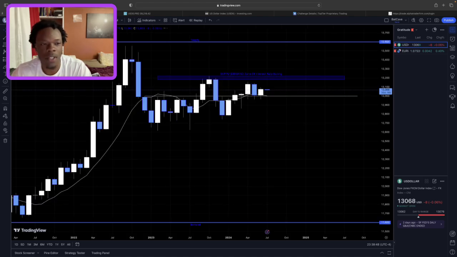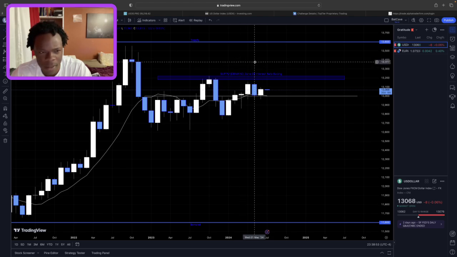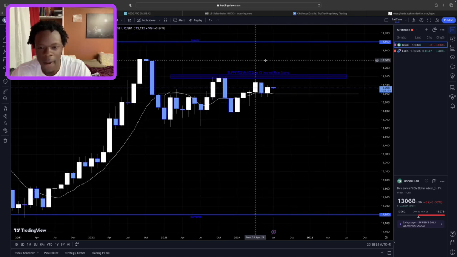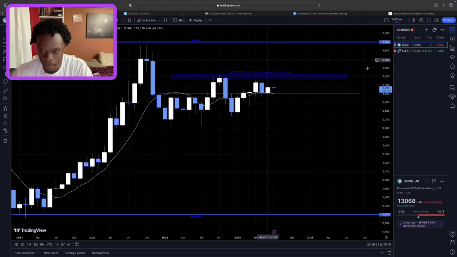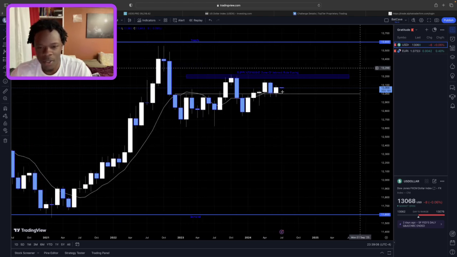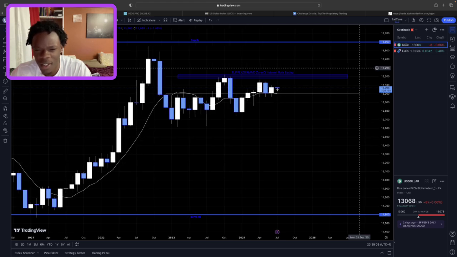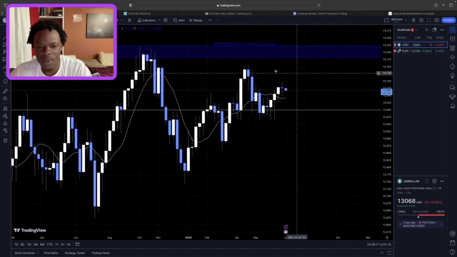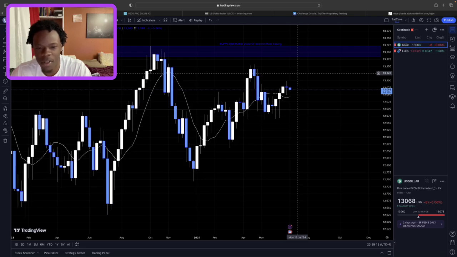Now if we go down to the monthly time frame, I believe in May price action created a bearish engulfing candle with the US dollar. Price action still has a relatively bullish overall market structure, just above 13,000. On the weekly time frame, last week price action found support around 13,000.